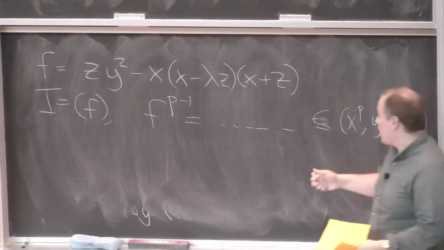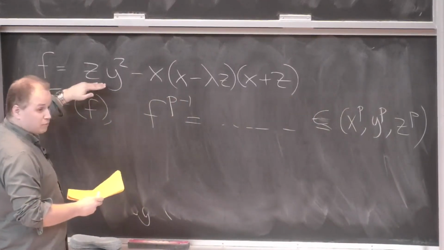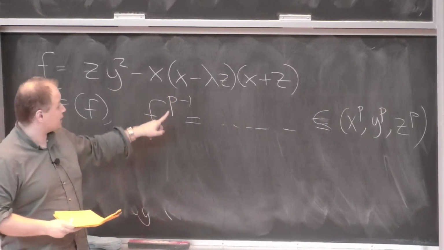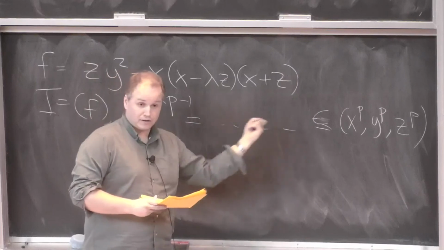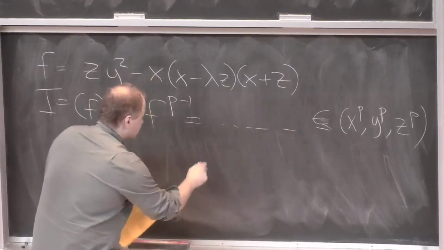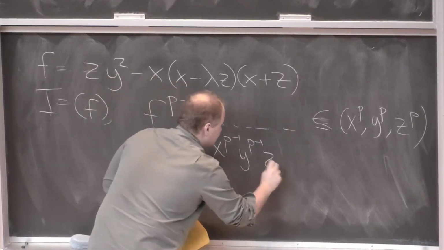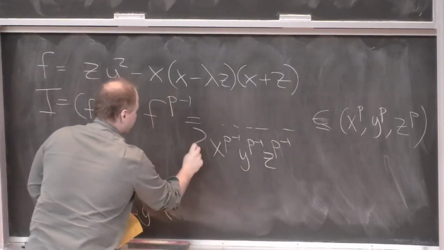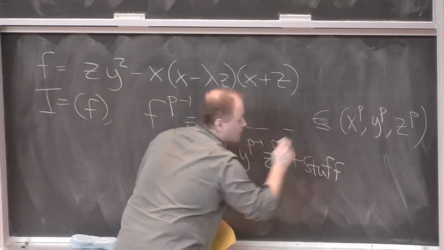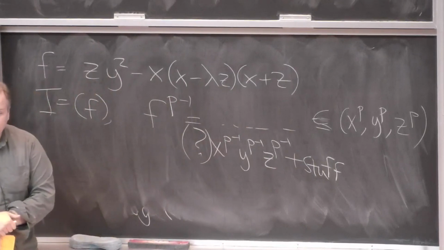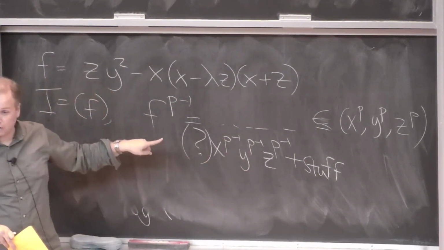Now if you just look at the degree here, this is a degree 3 thing, and I'm raising it to the p minus 1. The only term that's going to matter is x^(p-1) y^(p-1) z^(p-1). There might be some coefficient in front of it, and then other stuff, and the other stuff doesn't matter. It's all going to be in there. And so all we would have to do is figure out whether this term exists as a non-zero coefficient.